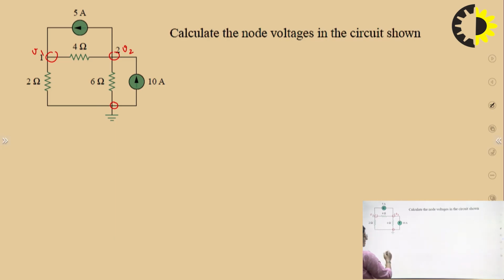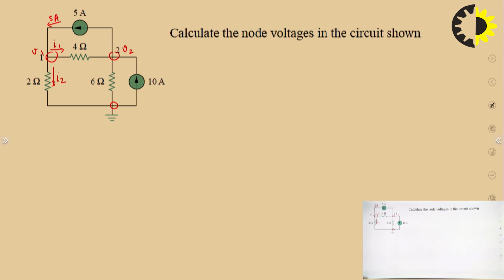Okay, so this is node 1. Say there are three currents because node 1 has three branches. So there will be three currents in these three branches. Say this is current I1, this is current I2 and this is current 5 amperes.